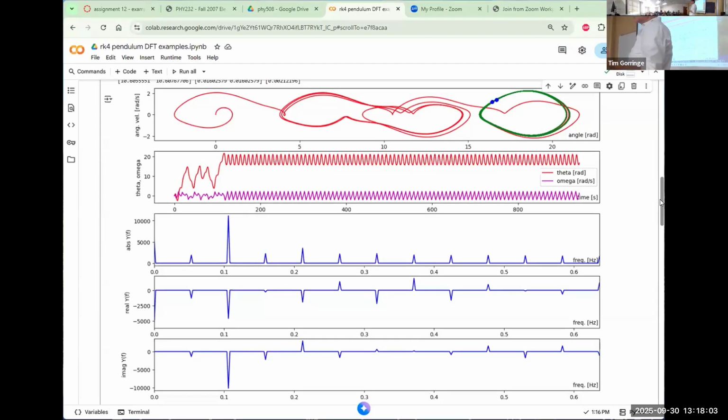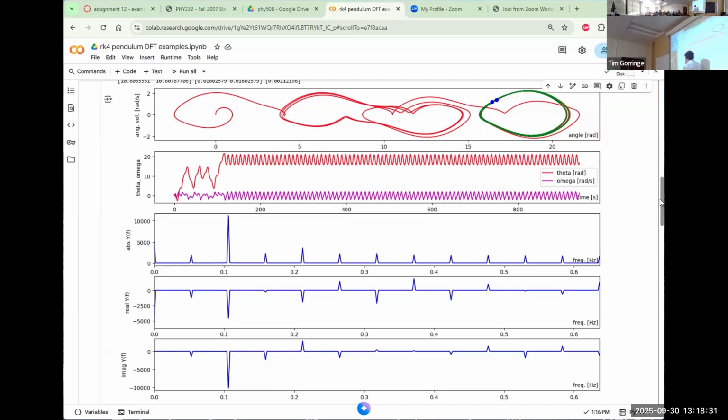Remember, when you have repetitive but non-sinusoidal oscillations, the harmonics are always multiples of the natural frequency or the driving frequency. They're always higher frequencies, always integer multiples of that driving frequency. But now we see frequencies at lower frequencies.